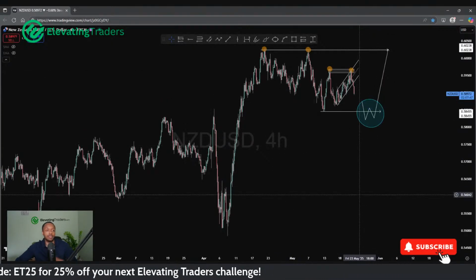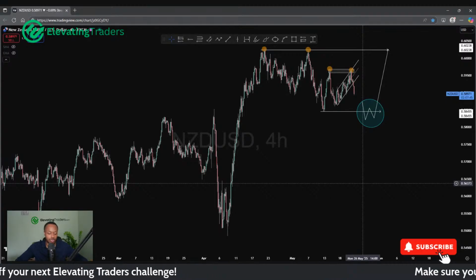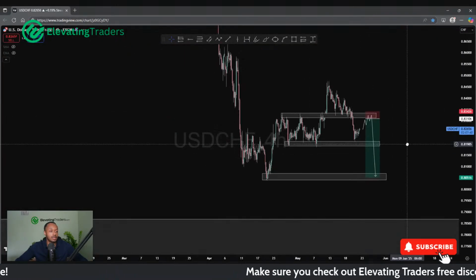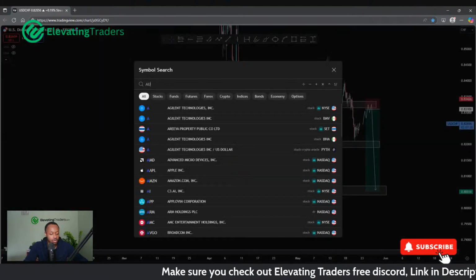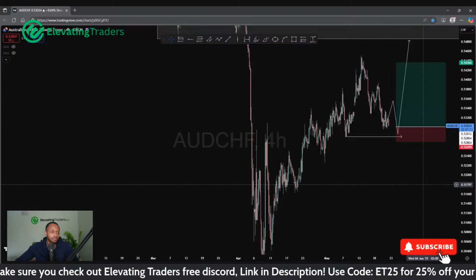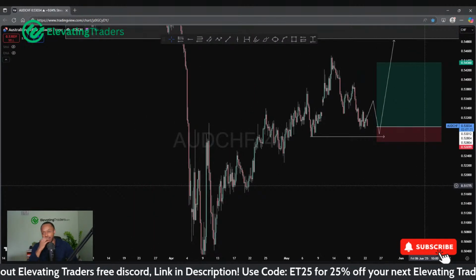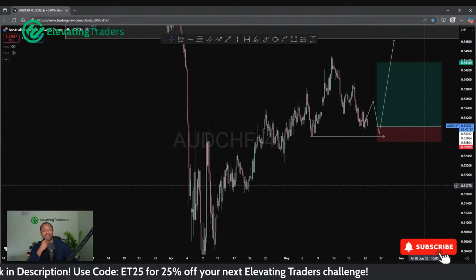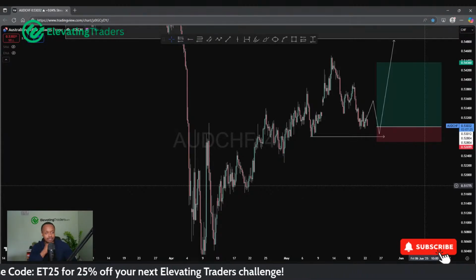So buys from down there as well. So that's NZD CHF shorts I like as well. So that's 4. And I'll probably say Aussie CHF longs as well. That's 5. Those are the pairs I like the most. Yeah, off the top of my head, those are the pairs I like the most.